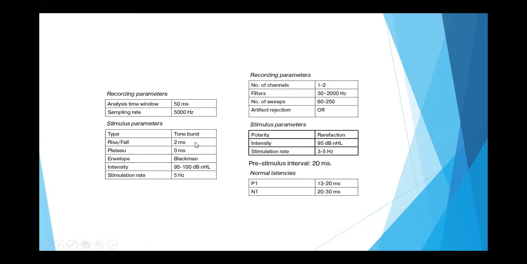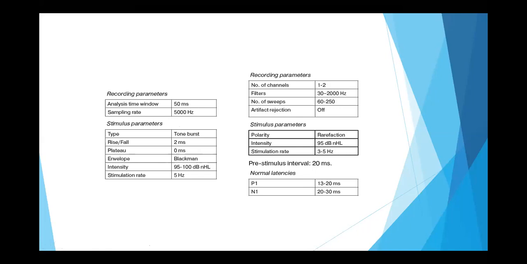And then we are going to stimulate the saccule with a 500 hertz tone burst. We can stimulate it with chirps, clicks, and noise as well. But the tuning of the saccule is towards 500 hertz.